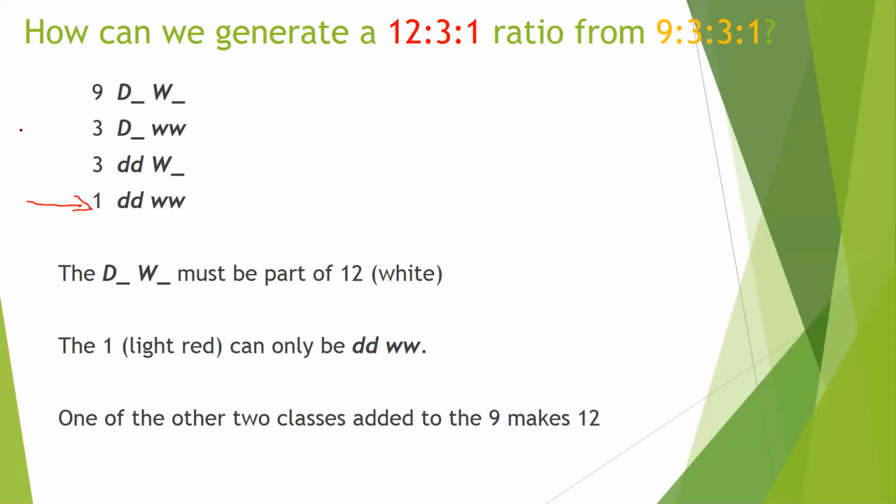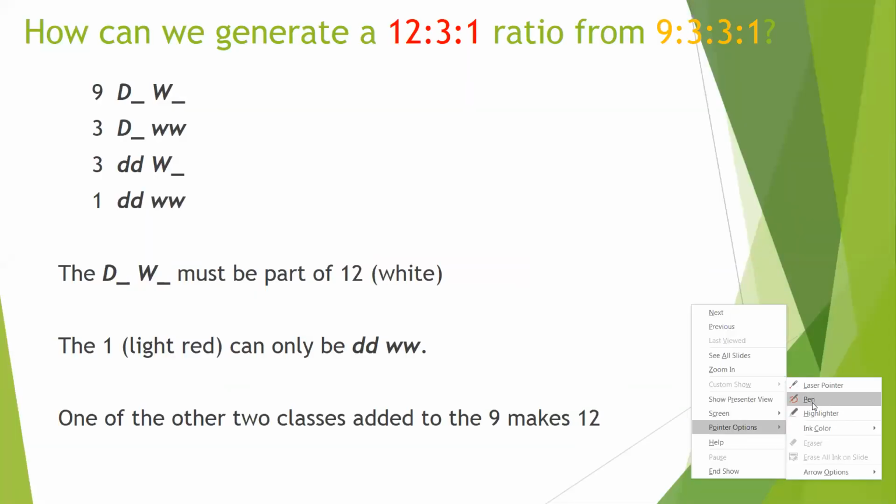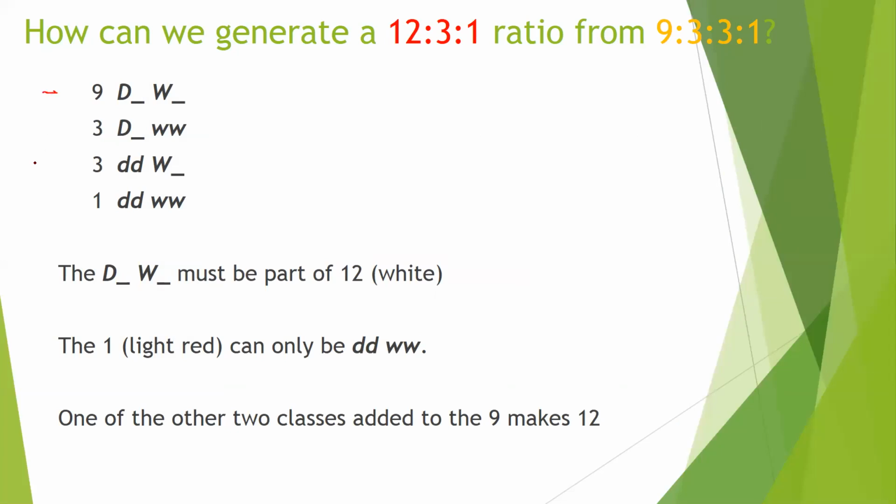Only in these two cases, the W genes are recessive.